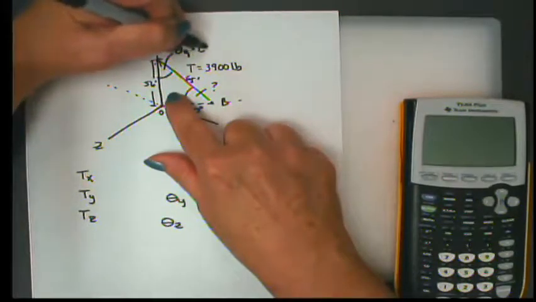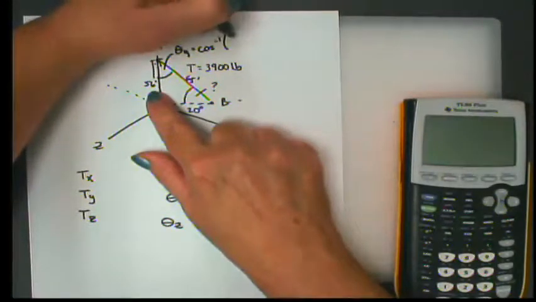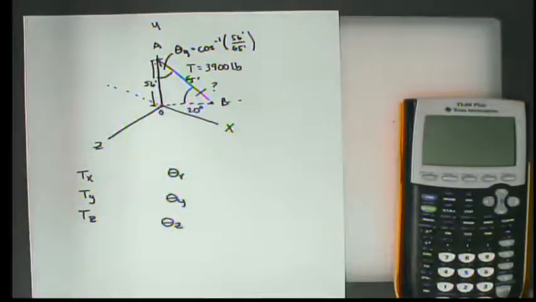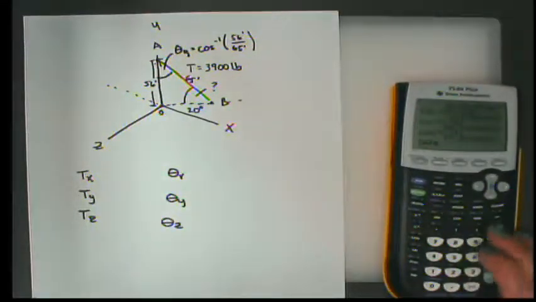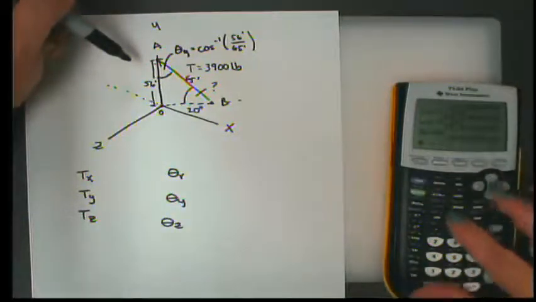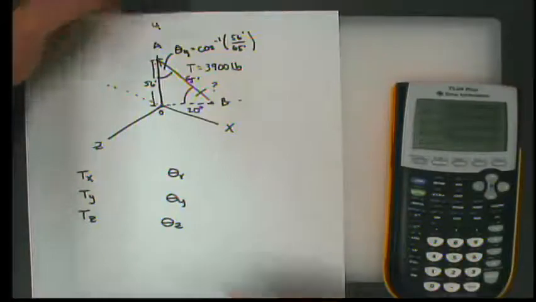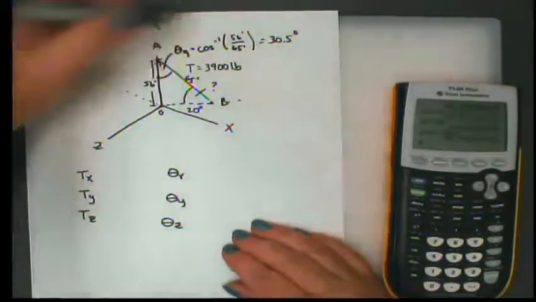So it's equal to the inverse cosine of the adjacent side length over the hypotenuse length. If I take 56, divide by 65, and take the inverse cosine of that number, I find that this angle is 30.5 degrees.